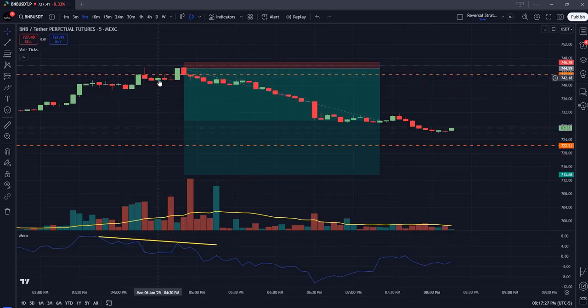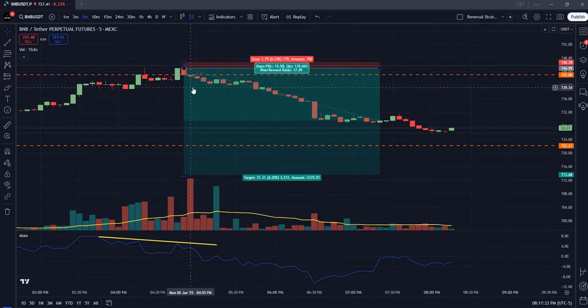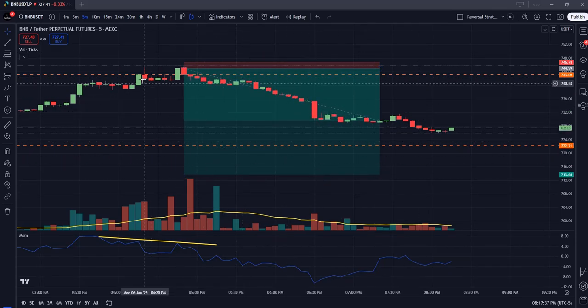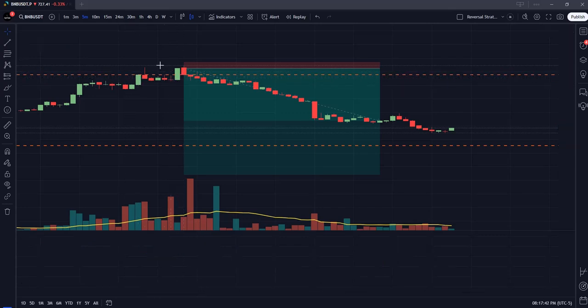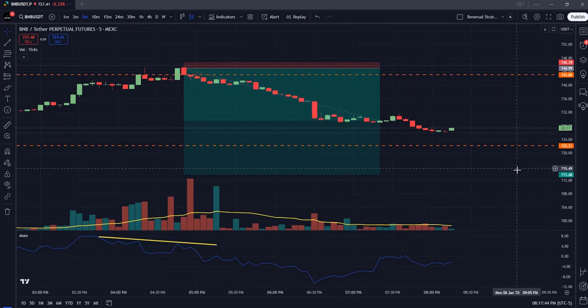So this is 1, 2, 3, 4, 5 candles this happened. Okay, so if it's under 10 candles, usually it's going to be a pretty strong push down, usually stronger than this even. And if it's more than 10 candles, it's usually going to be a slower reversal. Okay, so basically that is how I took this trade, and I'm still in it now.